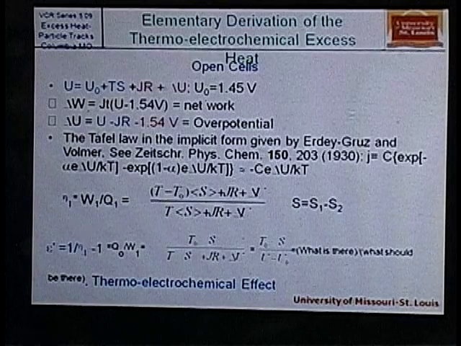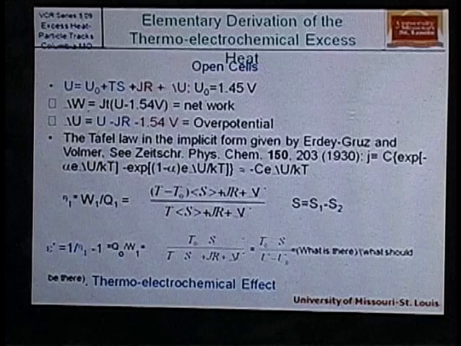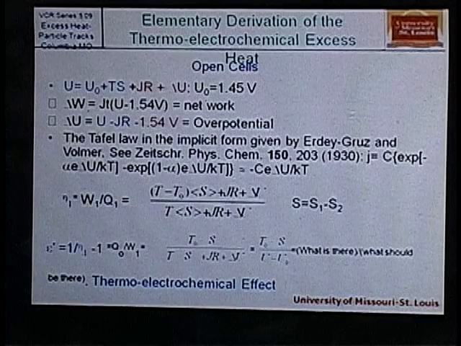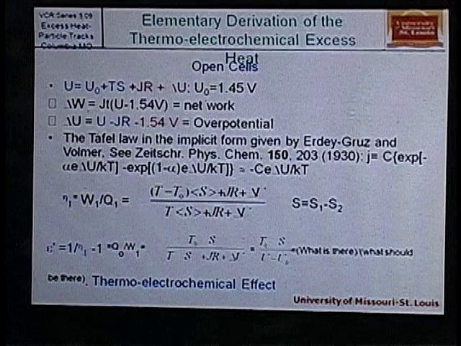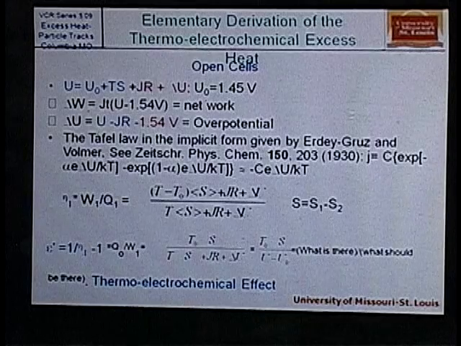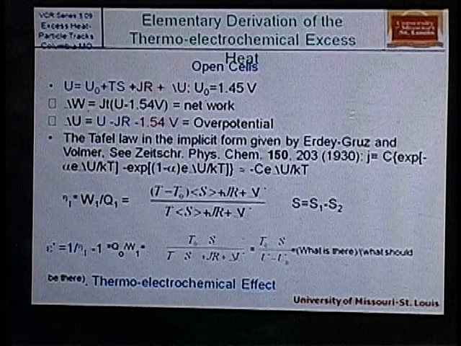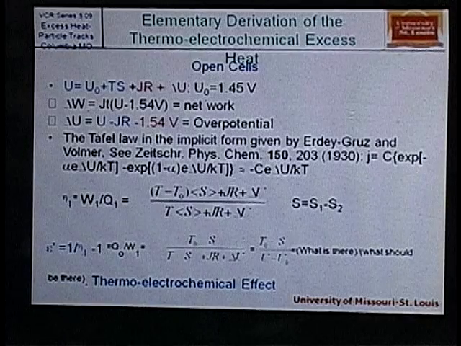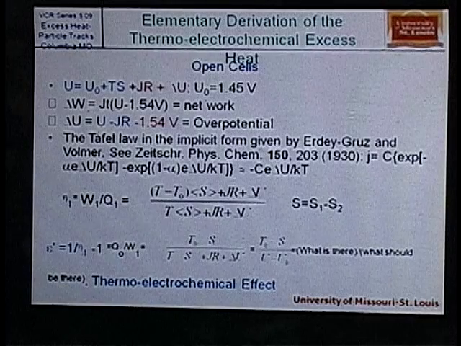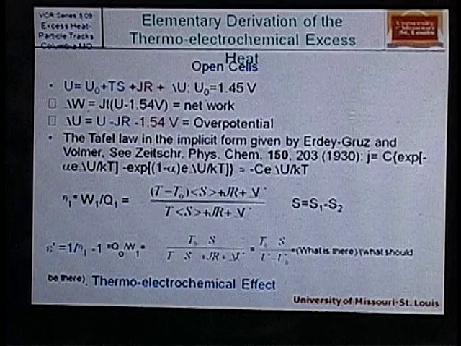That's why it does not look easily recognizable, because it doesn't have the dimension of a work, neither upstairs nor downstairs. But if you multiply by J t, where t is the time in which you operate the cell with the current J, then you get energies.